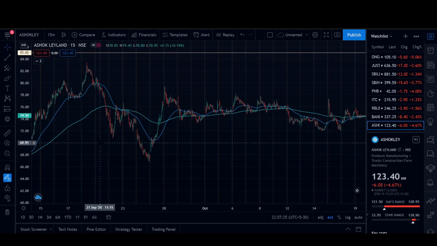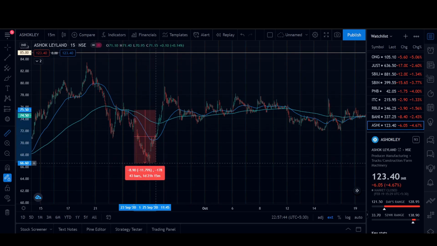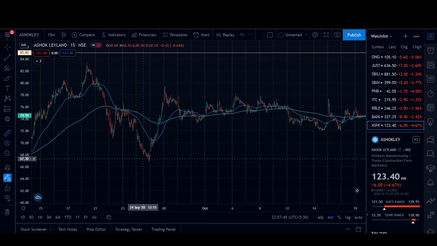As we see here, the 50-day EMA has cut the 200-day EMA from above and took an extremely bearish trend, went from 77 to 66. It is quite a big fall of around 10, 11, 12%. So the 50 EMA cut it from above and took a bearish fall.